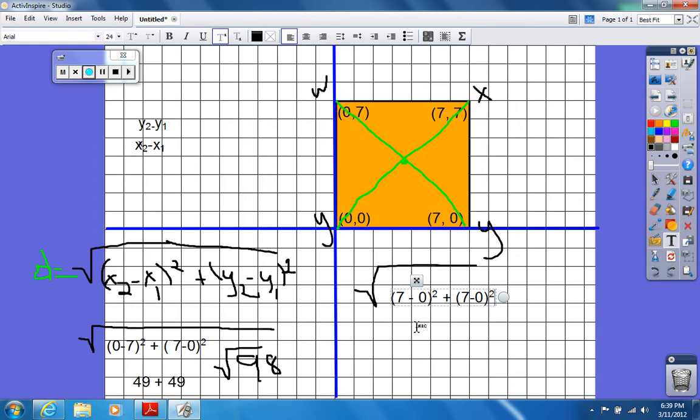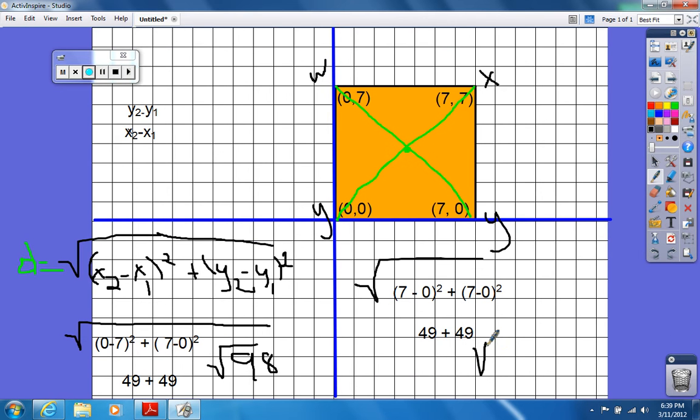And 7 minus 0 is 7, and 7 squared is 49, plus another 7 minus 0 squared, which is 7, and 7 times 7 is 49, which means that this also is the square root of 98. So we know both diagonals are congruent because they have the same measure.